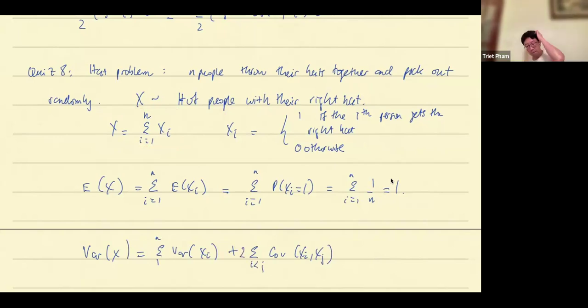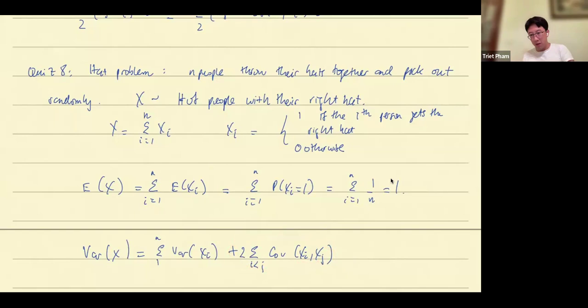Now, I think we talked about how the actions of the ith and jth person in the hat problem are not independent. So there's no reason why you should expect the covariance term to be 0.